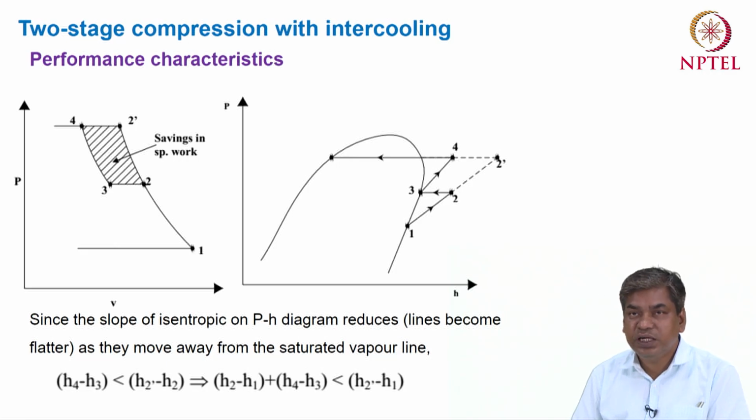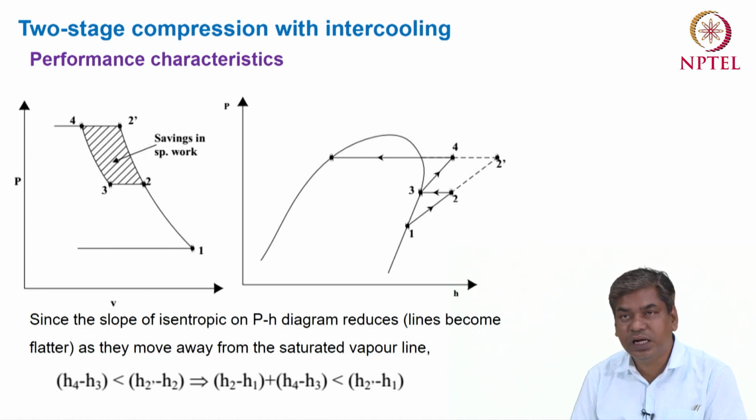Okay, the same explanation we can also get for the pressure and enthalpy diagram. In a pressure and enthalpy diagram, we can extend the process 1 to 2 up to 2 dash. The 1 to 2 dash is the compression process in a single stage compression system, the basic system.